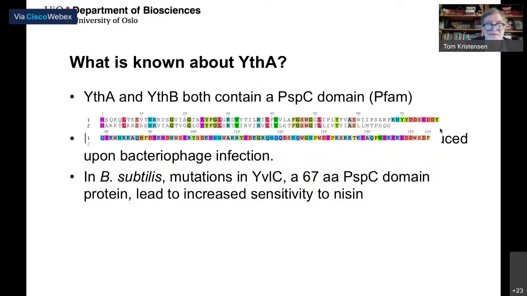And YTHA is an interesting protein in many respects, because other people have looked at other bacteriocins to try to find proteins that, when mutated, make cells resistant, and YTHA has turned up in several such studies.